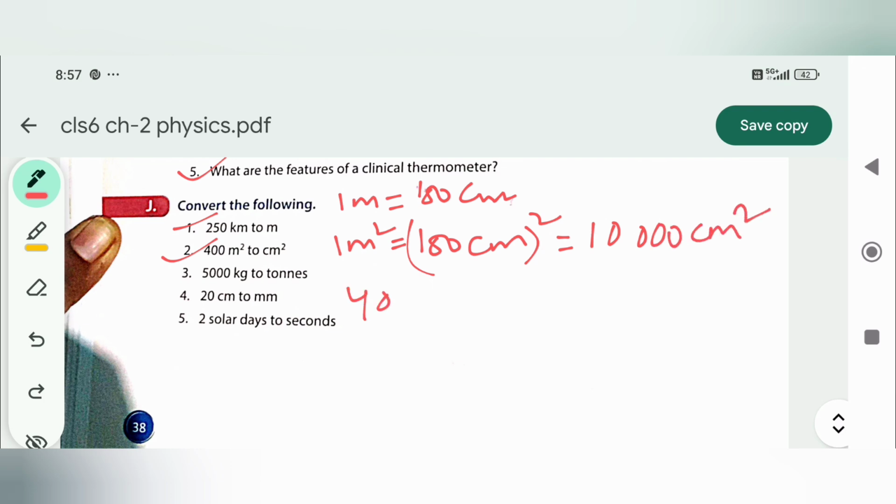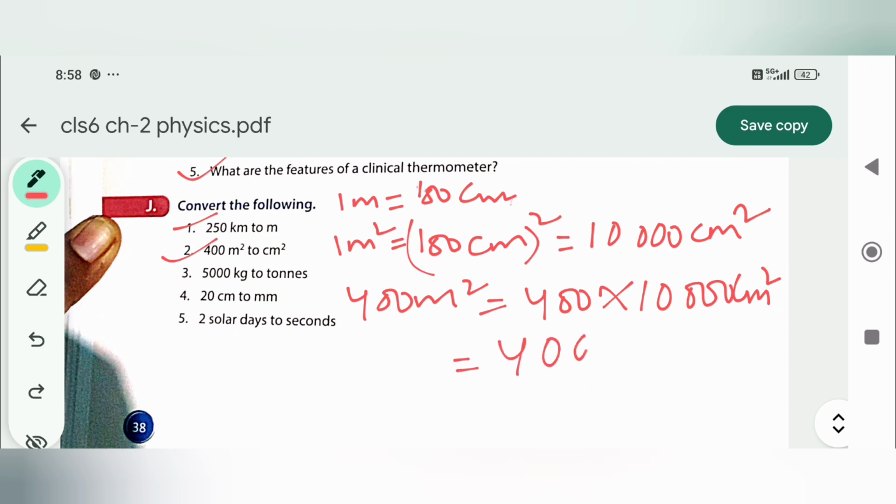Therefore 400 meter square is equal to 400 multiply 10,000 centimeter square, that will be 4,000,000 centimeter square.